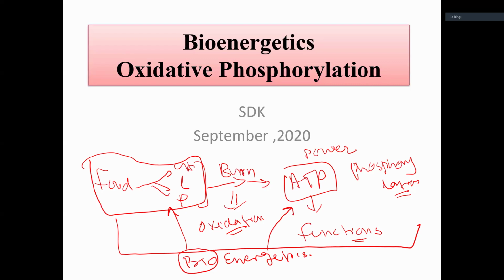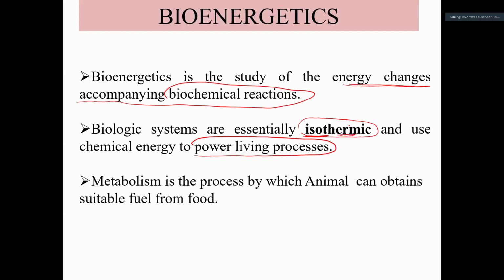Clear? Isothermic. Here temperature was, say for example, 97 degrees Fahrenheit. When you burn it, temperature will increase or decrease? It will increase. Okay. And then metabolism is a process by which animal can obtain suitable fuel from food.